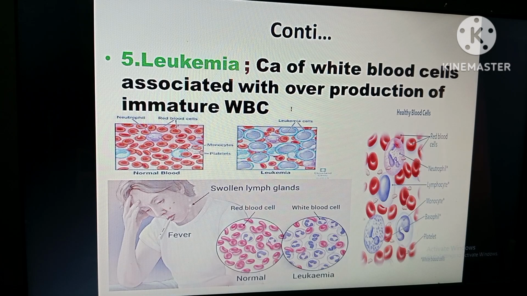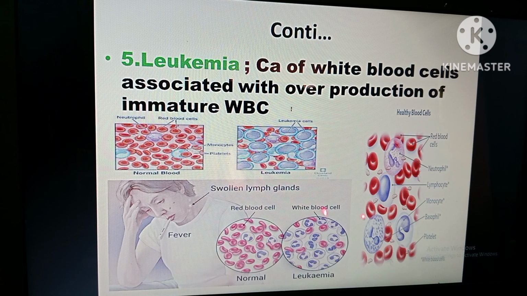Leukemia. Leukemia is a cancer of white blood cells associated with overproduction of immature WBC. It means the cancer cell begins in a white blood cell, so it is called leukemia. There will be countless immature WBC. The normal WBC count is 4,000 to 11,000, but in leukemia it will be 1 lakh, 1.5 lakh or more than that.